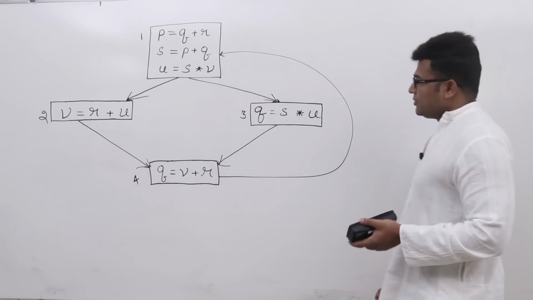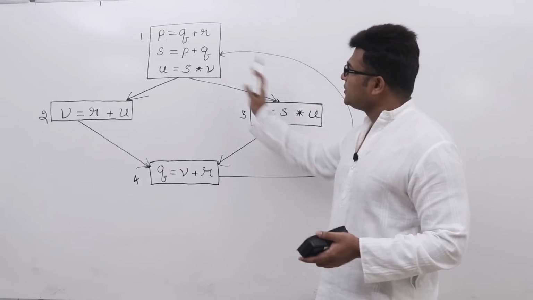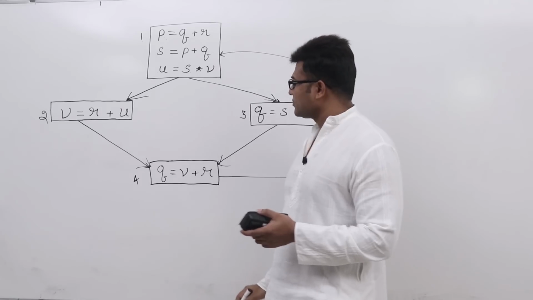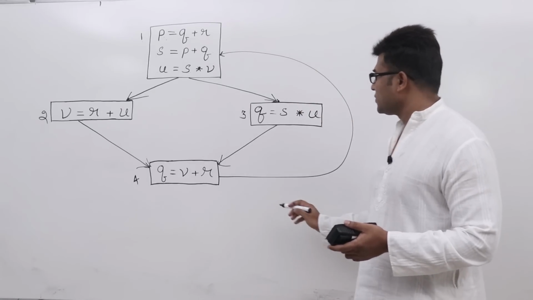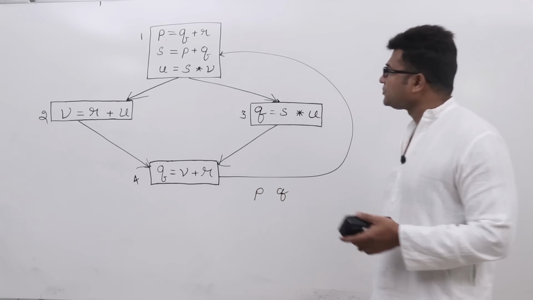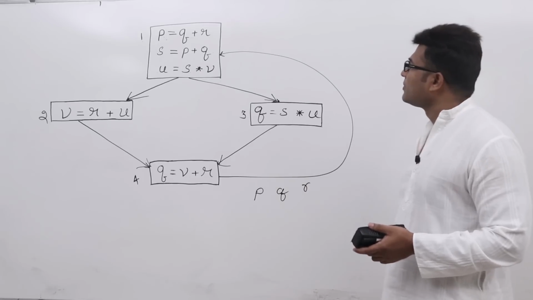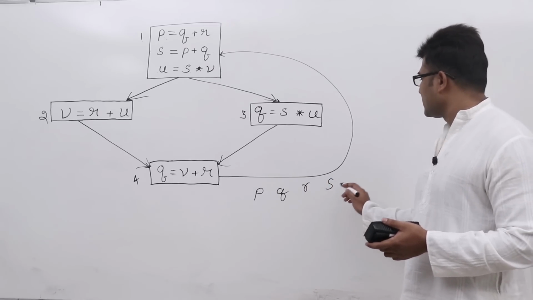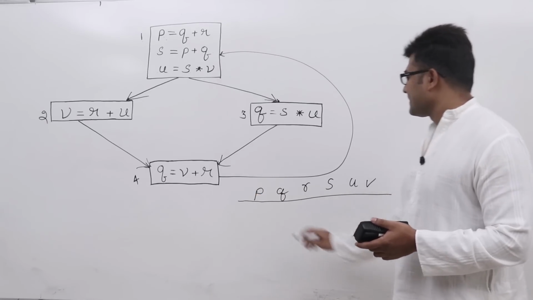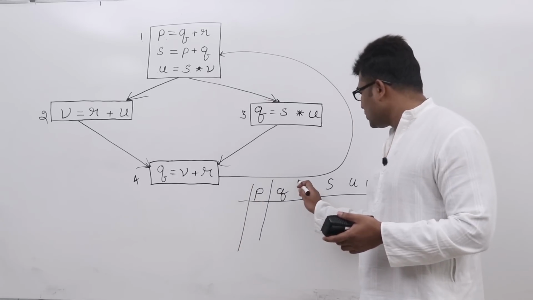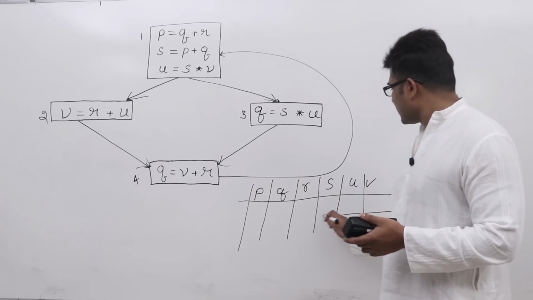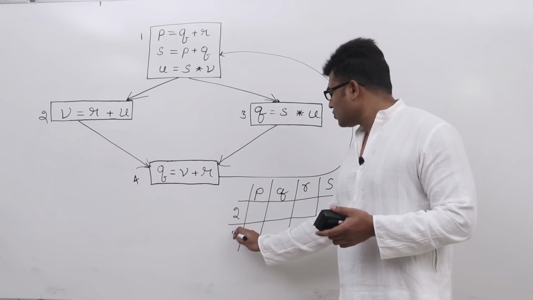The variables present in all these 4 basic blocks are P, Q, R, S, U and V. So we have all these 6 variables, and we have to analyze only at 2 basic blocks, 2 and 3.